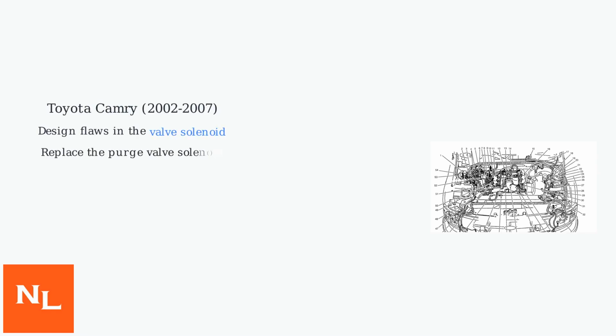Ford F-150 models from 2010 to 2015 often experience the P0443 code due to wiring exposed to moisture under the vehicle. The solution involves repairing or replacing the wiring harness to prevent corrosion. Toyota Camry models from 2002 to 2007 have been known to have design flaws in the valve solenoid, leading to the P0443 code.